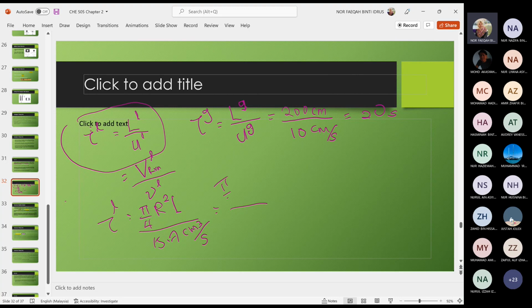So pi over 4, 5 centimeter squared multiplied by 200 centimeter divided by 15.7 centimeter cube per second. Then you will get the residence time in the liquid phase. Okay, this is for question A.